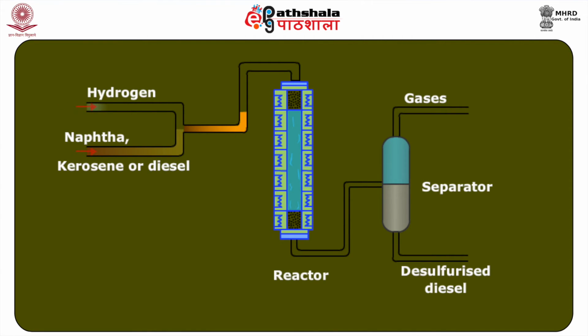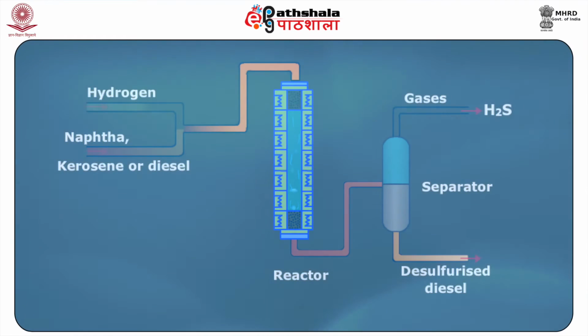For example, the hydrogen can combine with sulfur and form hydrogen sulfide, and hydrogen sulfide being a gas, it will be removed as a gas. So, the sulfur contaminants get removed and you will get desulfurized diesel from the impure diesel.